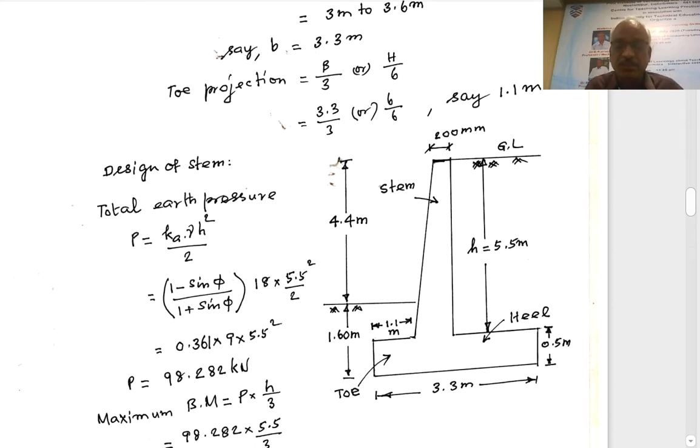So base width, and then the toe projection, left hand side toe projection equal to capital B by 3 or capital H by 6. Base width is 3.3, 3.3 by 3 or 6 by 6. Say 1.1 meter, or you can say 1 meter. Let us provide 1.1 meter as the width of the toe slab. So total width is 3.3.